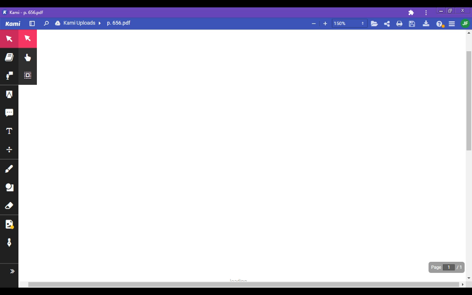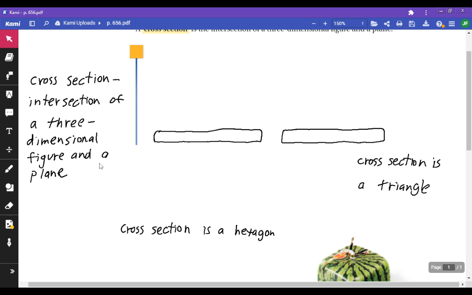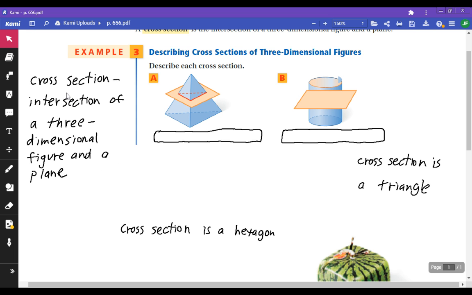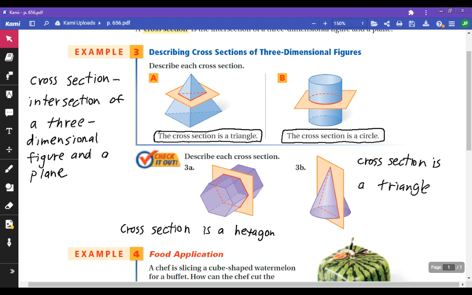Okay, let's take a look at cross sections. That's our next topic. So what is a cross section? A cross section is an intersection of a three-dimensional figure and a plane.